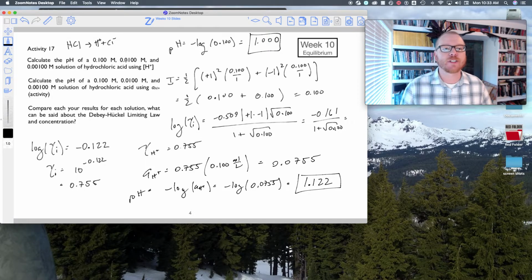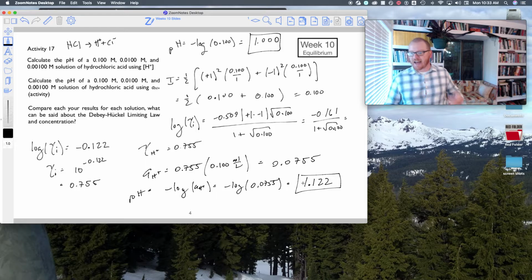So now I didn't do this for the 0.01 and the 0.001, but what ends up happening, because these are more dilute, the calculation of pH for activity versus concentration for those more dilute examples gets better. Okay, so that's why I chose to only do this 1.0 example, because that has the biggest difference.